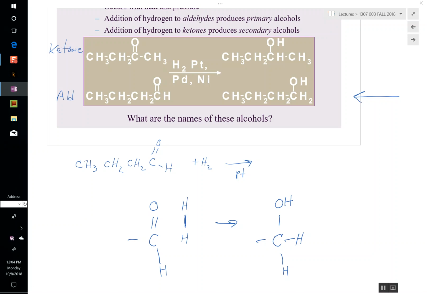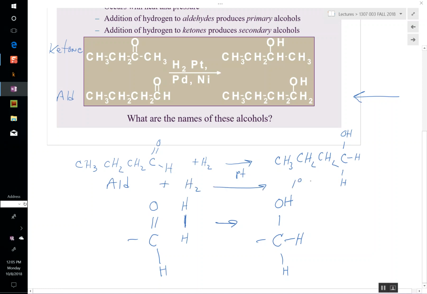The reduction of an aldehyde produces an alcohol. And not only does it produce an alcohol, it produces a primary alcohol. So an aldehyde plus hydrogen forms a primary alcohol.